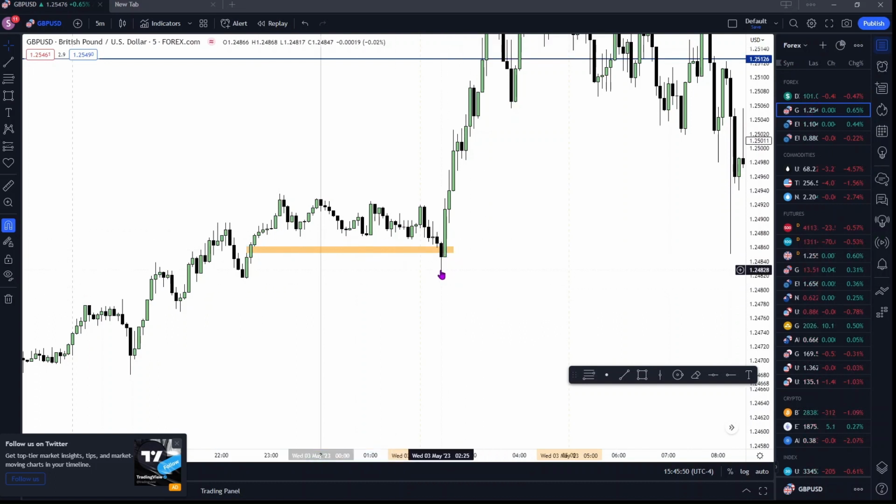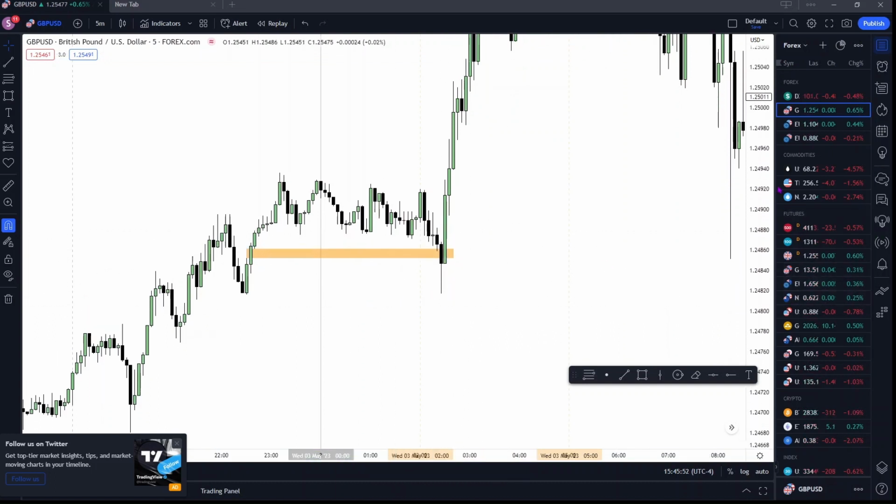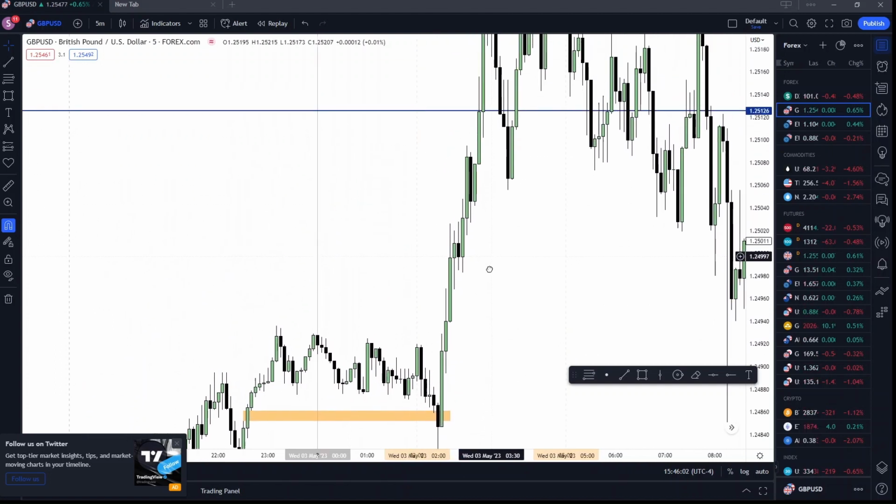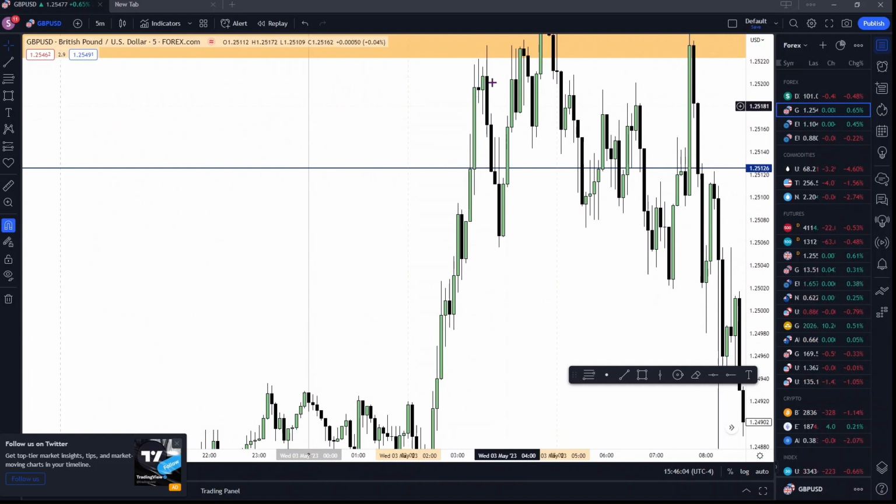Obviously we traded through it, but I had a buy limit, so as soon as price entered into here, it executed, and then we traded very quickly and aggressively higher and started running into these highs.